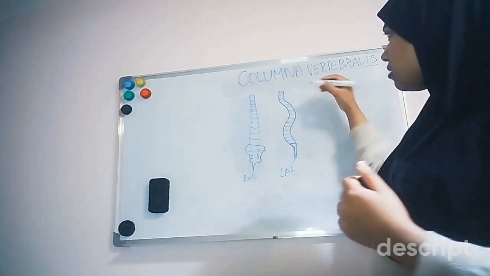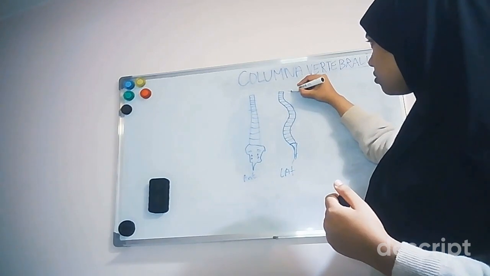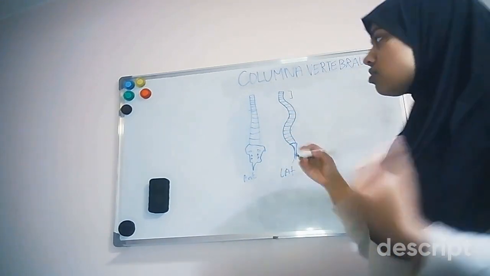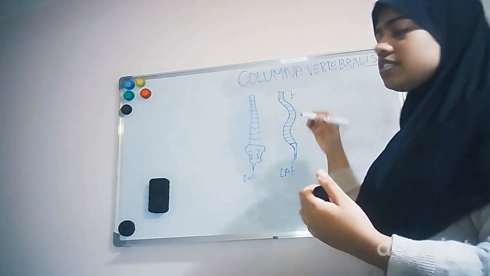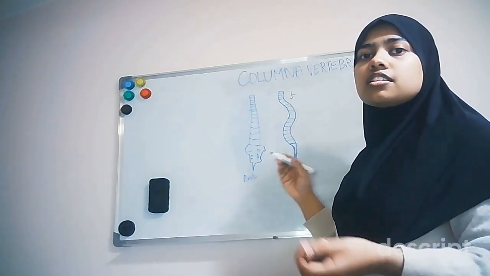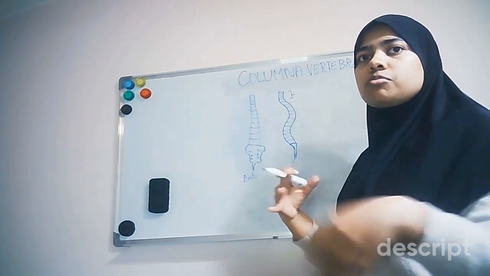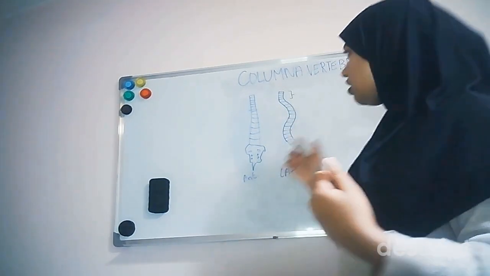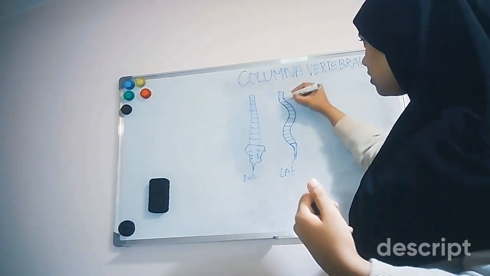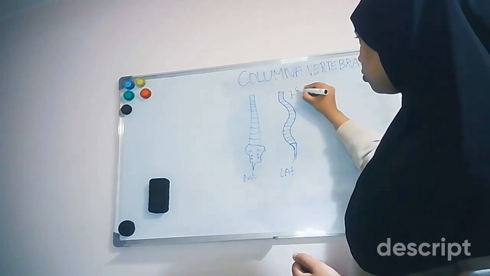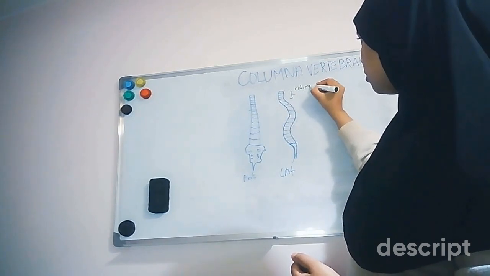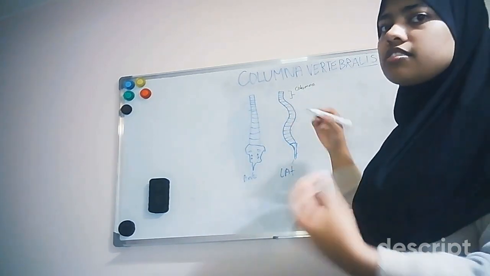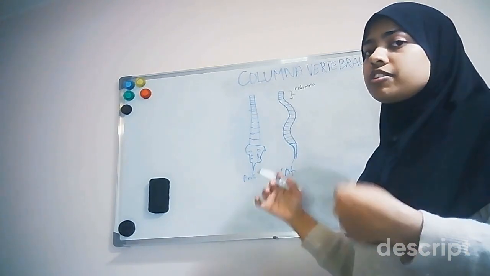And as you can see, we have the spine. It's divided into segments. We have the segment of the neck. These are called cervicalis. Cervicalis comes from cervix, neck. So this part of the spine is called columna cervicalis, the cervical column.